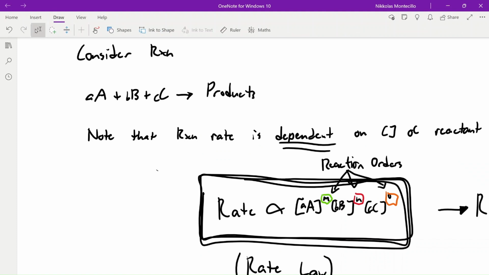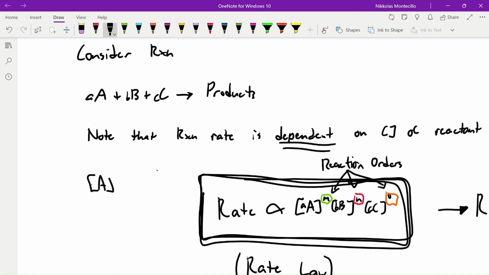What I mean to say is that the concentration of A is not equal to the coefficient here. So it's really important that we understand that stoichiometric coefficients are not the same thing as reaction orders.